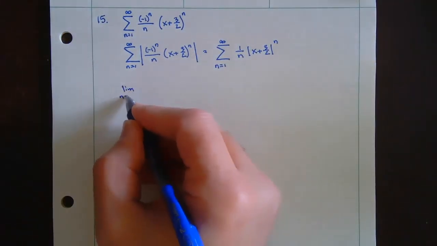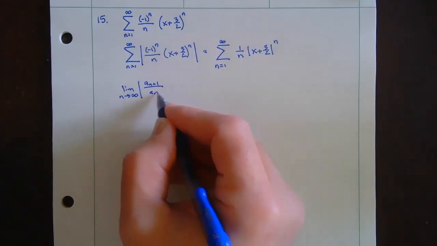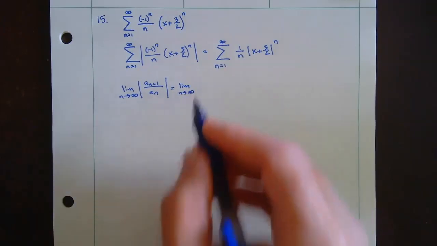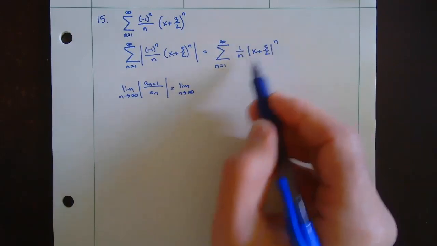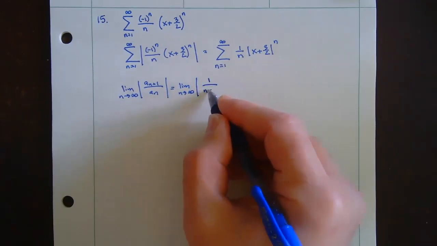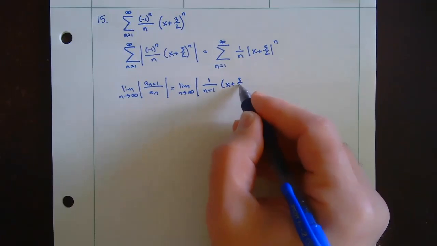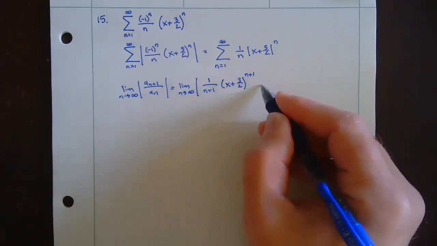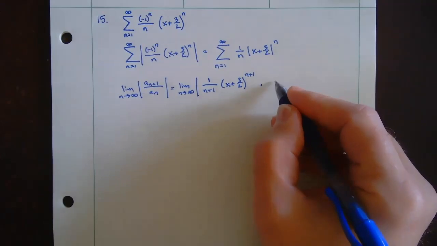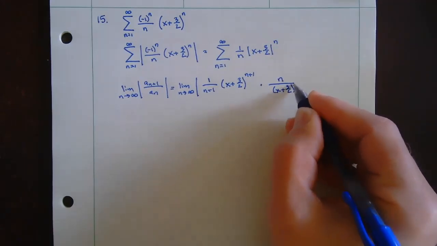So the limit as n goes to infinity of the absolute value of a sub n plus 1 over a sub n is equal to the limit as n approaches infinity of the absolute value of 1 over n plus 1 times (x plus 3)/2 raised to the n plus 1, times the reciprocal, n over (x plus 3)/2 raised to the n.